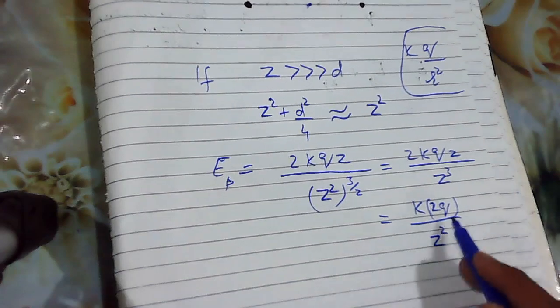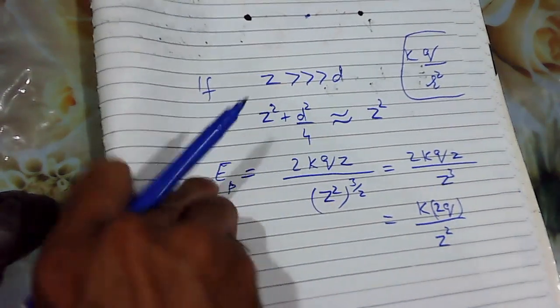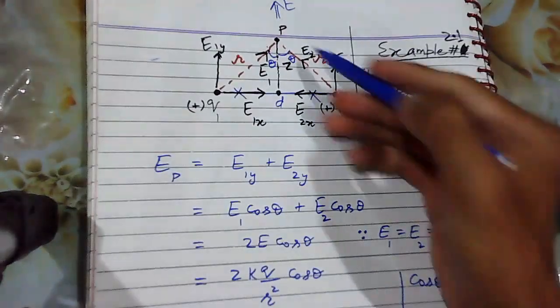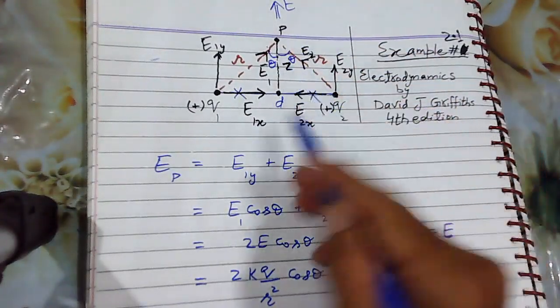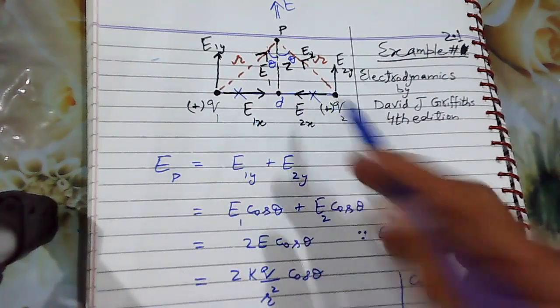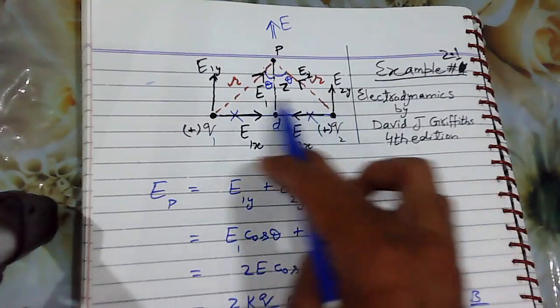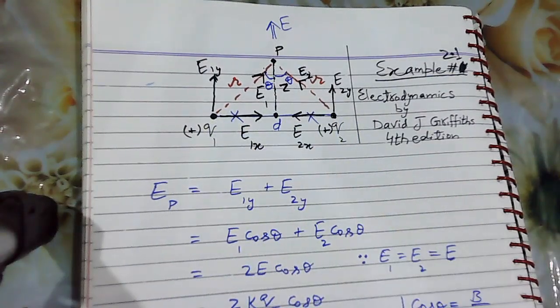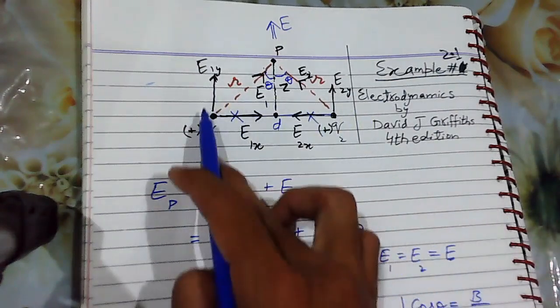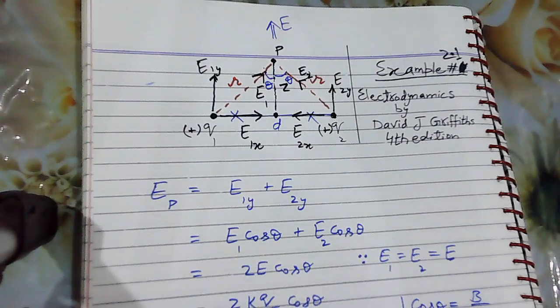That's why this expression represents that whenever the distance z becomes very much greater than the distance between the charges, then our composition of these point charges will behave like a point charge. The collection of these two charges will behave like a point charge for very large distances.